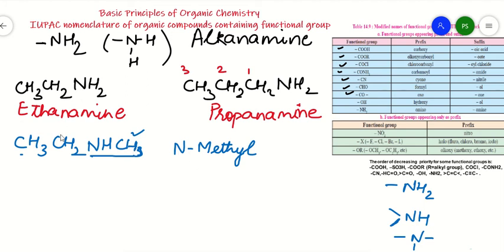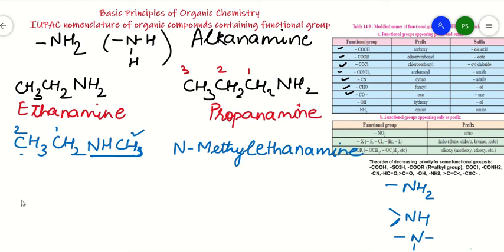N-methyl, then this is carbon number 1, this is carbon number 2. So there are 2 carbons in the chain, and the name of this compound is N-methylethanamine.